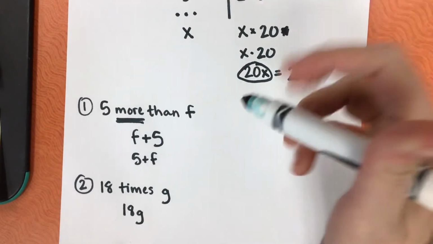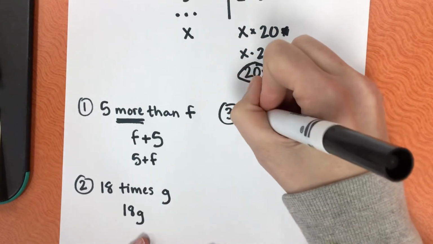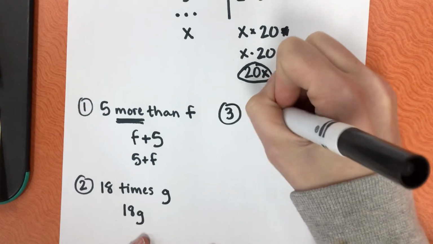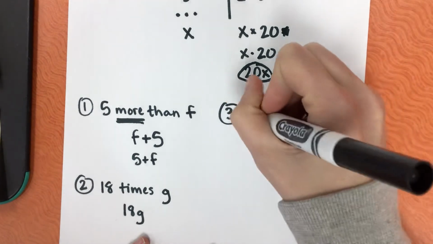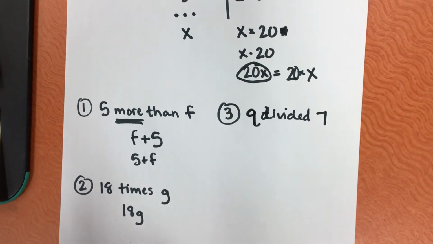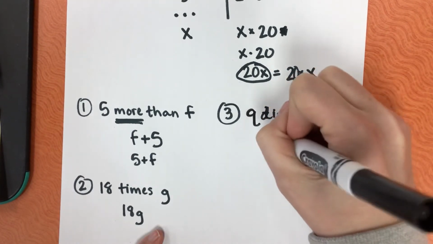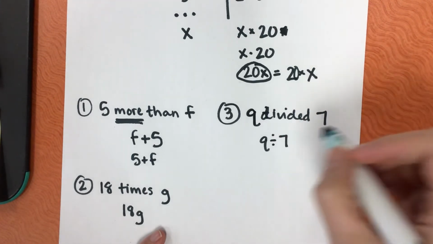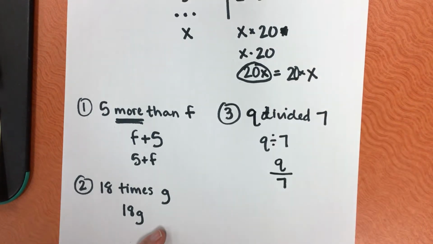A third example is q divided by 7. I'm going to put a little thing on that so it looks like a Q and not a 9. Remember that we can represent this a few ways. We could write Q divided by 7, or we could write it as a fraction since fractions are division, and we could have Q over 7 like that.